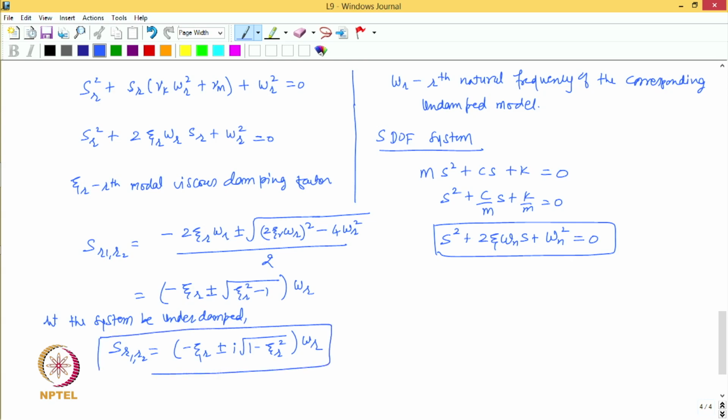These are nothing but the eigenvalues of the viscously damped system. Here omega r represents the natural frequency of the mode, which is the same as the natural frequency of the undamped system, and zeta r represents the viscous damping factor of the rth mode.